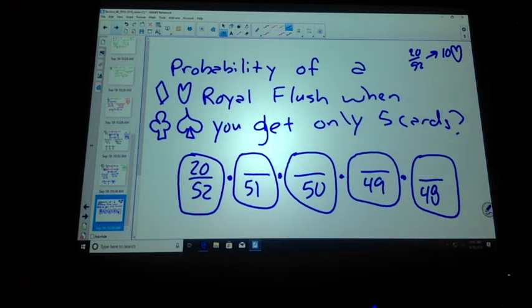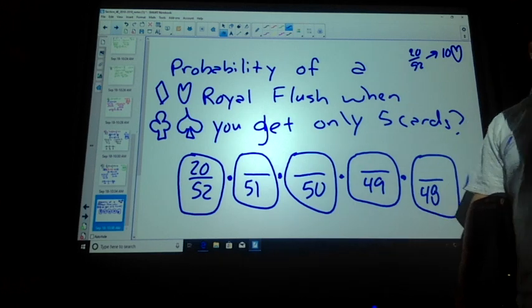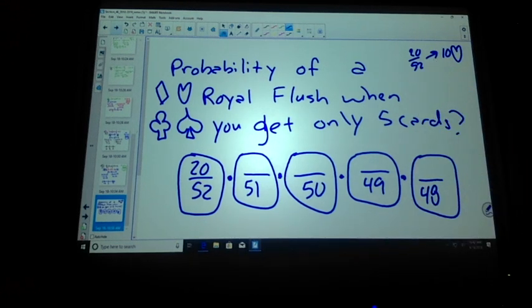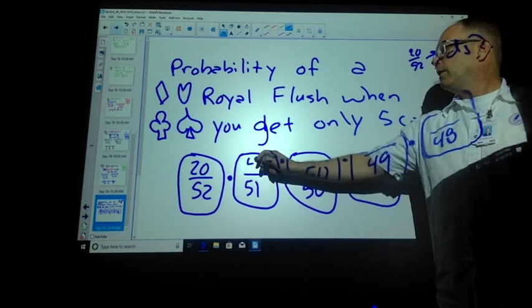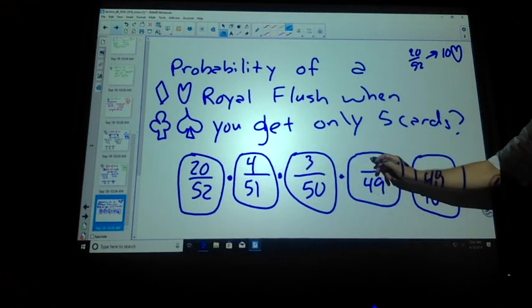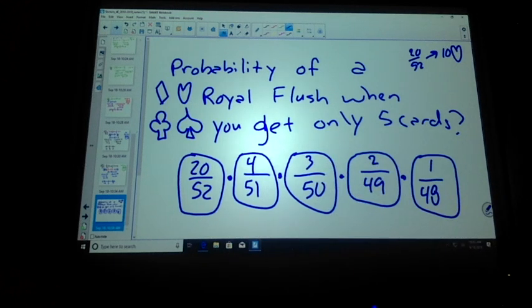How many more cards fall into the deck of cards that will be either a jack, a queen, a king, or an ace of hearts? How many cards are left? 51. No, there's 51 total, but how many cards are left that will make our royal flush? 4. How many cards are left now? 3. How many cards are left now? 2. How many cards are left now? 1.